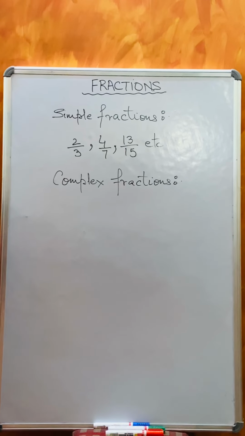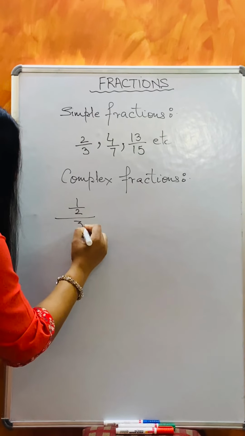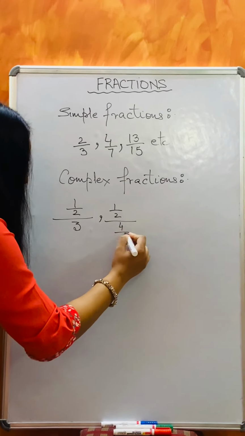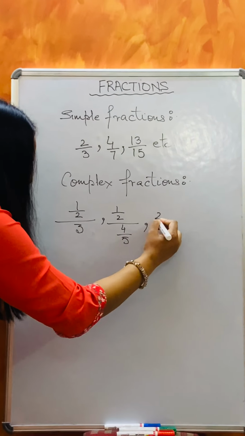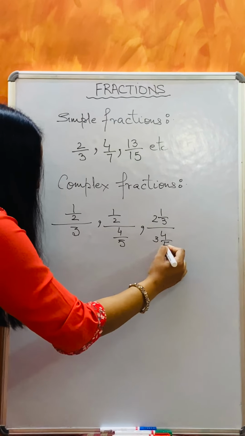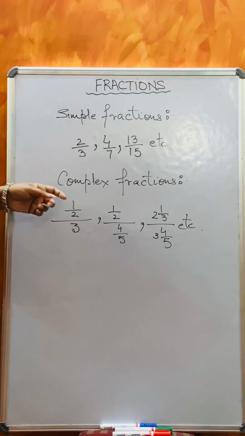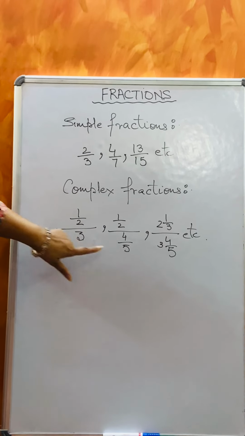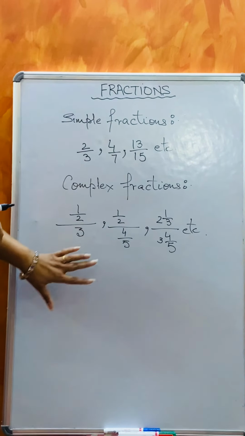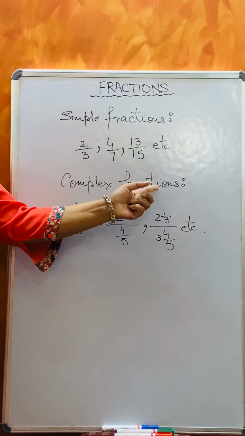For example, 1 by 2 by 3, 1 by 2 divided by 4 by 5, 2 1 by 3 over 3 4 by 5, etc. All these are complex fractions in which either the numerator or the denominator or both the numerator and the denominator are fractions or mixed fractions. These are known as complex fractions.